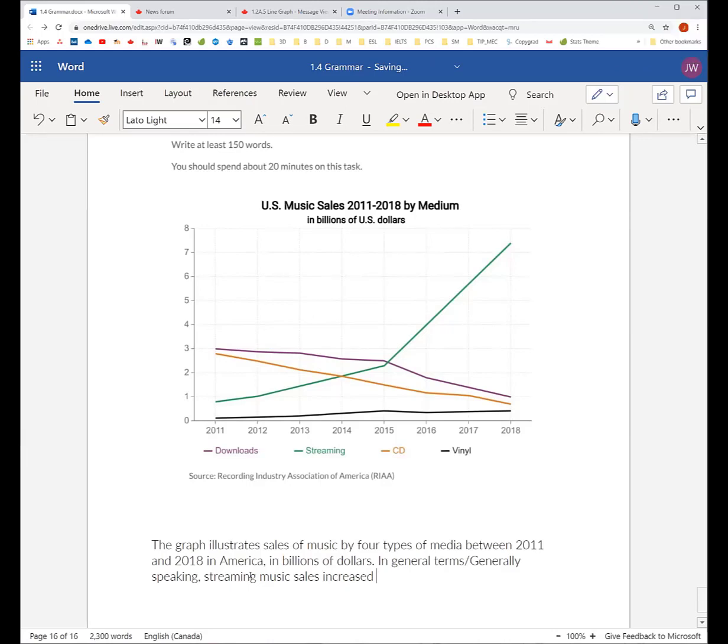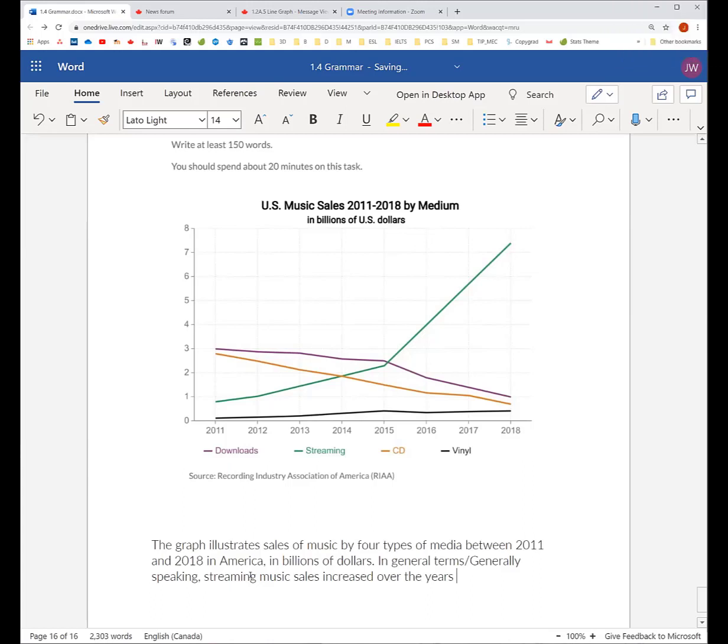Generally speaking, streaming music sales increased with increasing age. Actually, it's not age, increasing the year. Increased over the years, okay. What else happened?